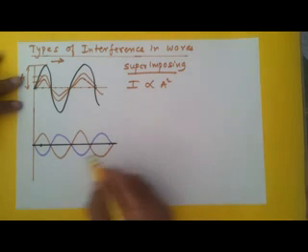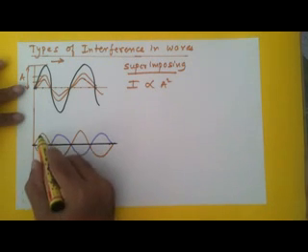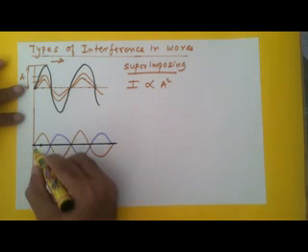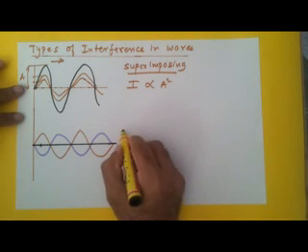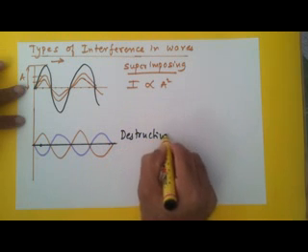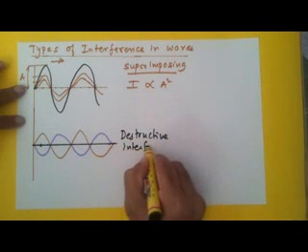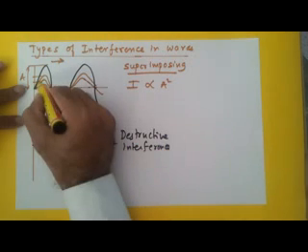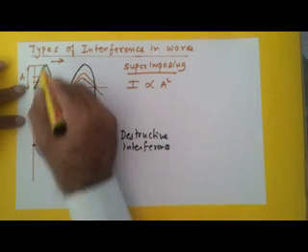This also is a case of interference of two waves. Now, in this case, these two waves are destroying the effect of each other. Therefore, we call this destructive interference. Whereas in this case, the two waves add up the effect of each other.